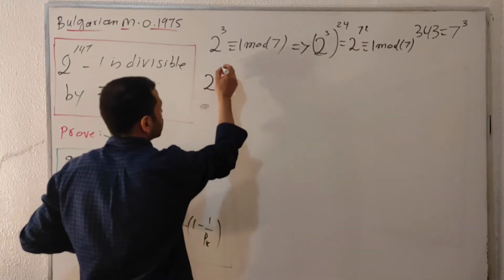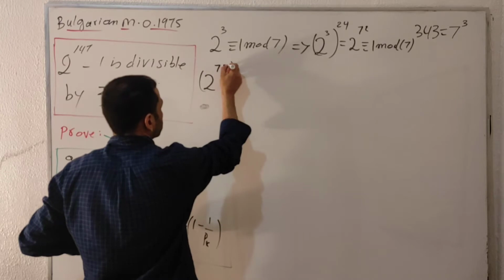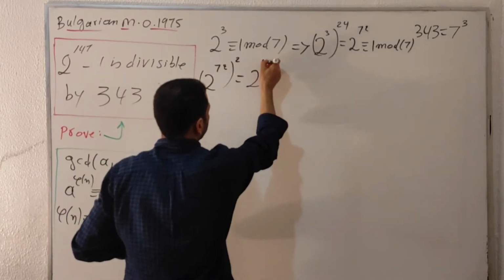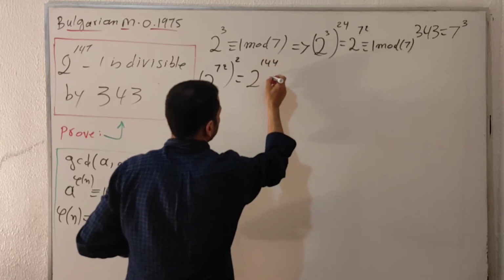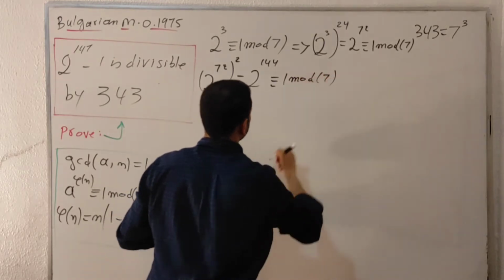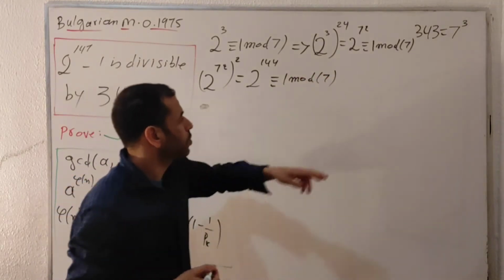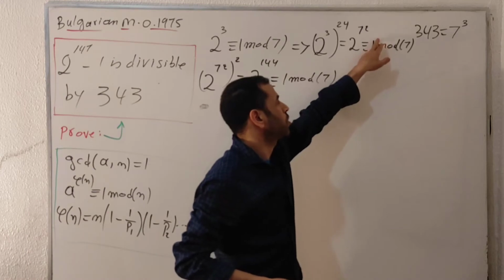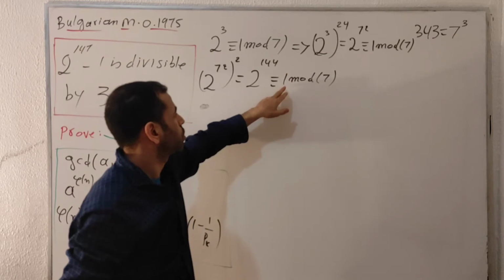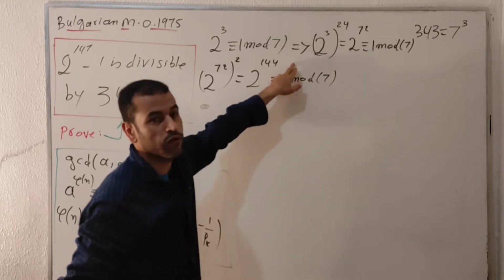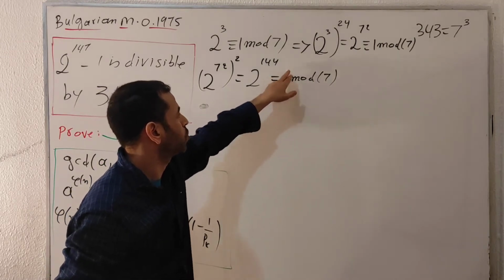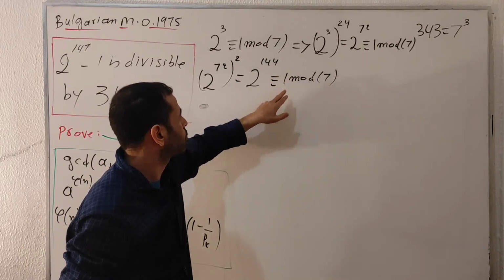So we have (2^72)^2, which equals 2^144, which is congruent to 1 mod 7. Since 1 to the 144 is the same as 1, the exponent is reduced to 1.